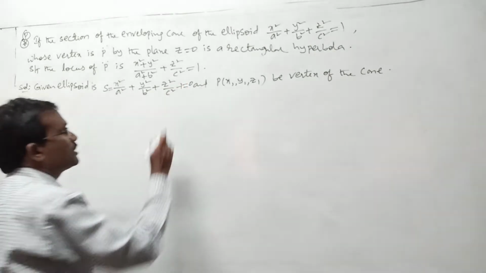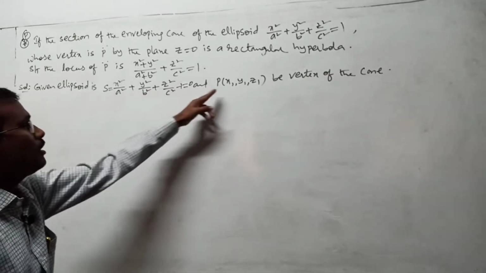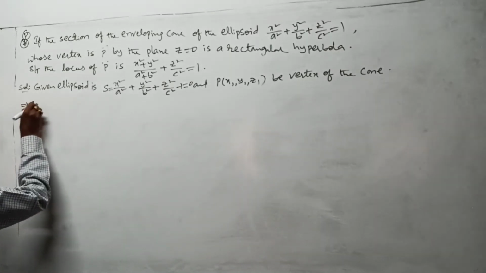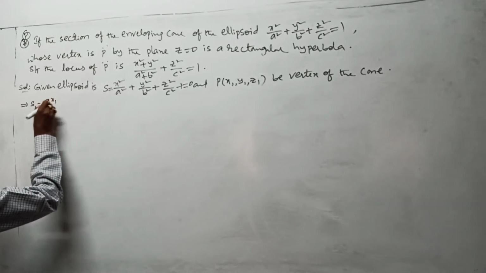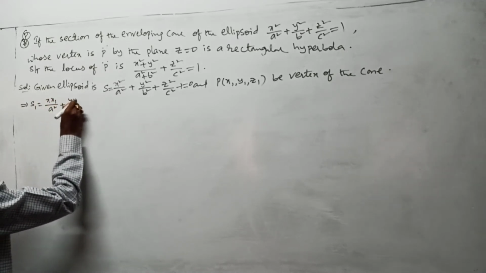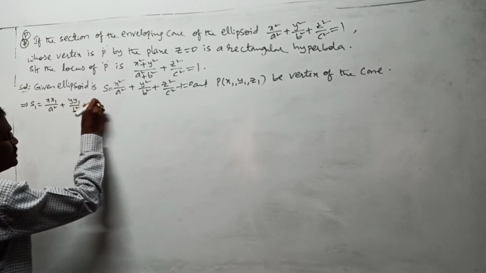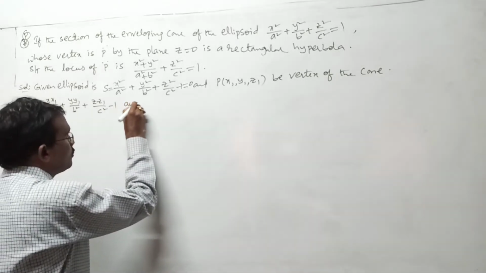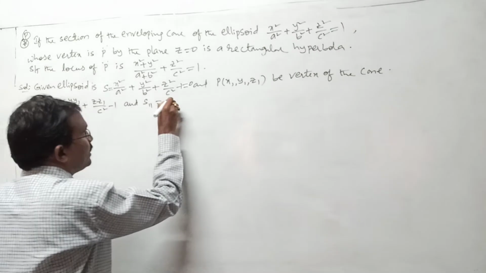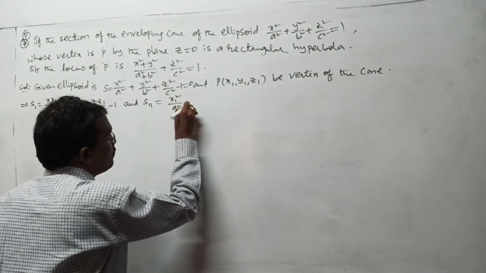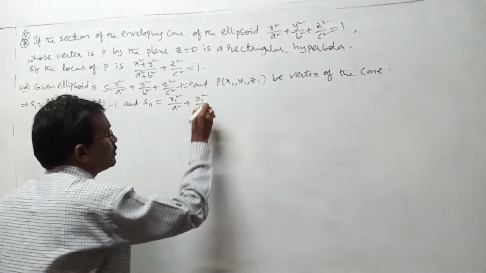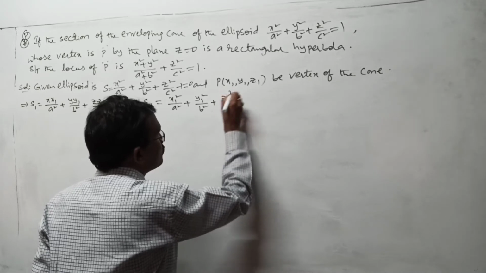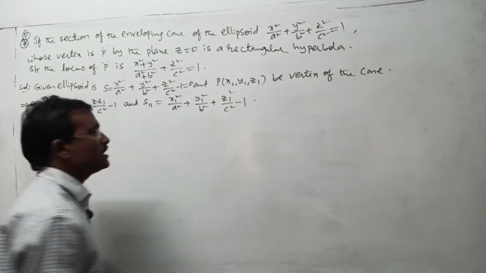Instead of taking equal to 1, this avoids confusion. From this you can define, according to the point P, S1 and S11. S1 is x1 x by a square plus y1 y by b square plus z1 z by c square minus 1, and S11 is x1 square by a square plus y1 square by b square plus z1 square by c square minus 1.